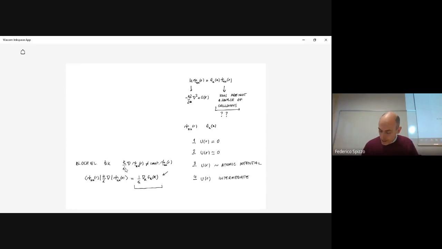Just to anticipate, point 3 will be what is called the tight binding situation, where tight binding means strong binding between the atom and the electron.